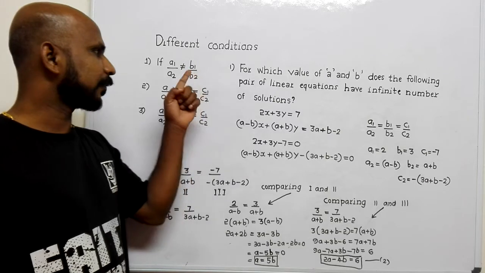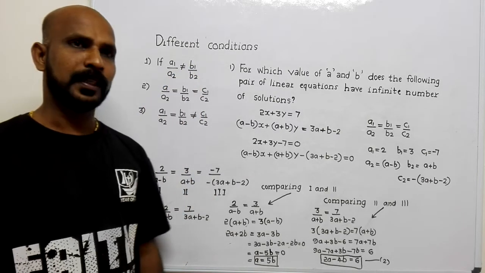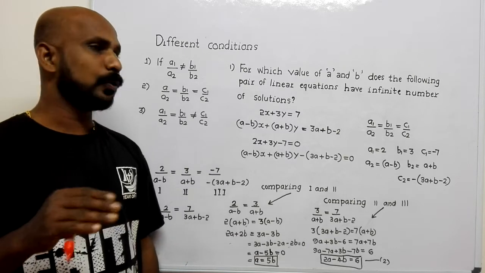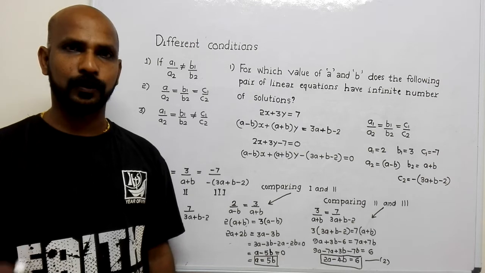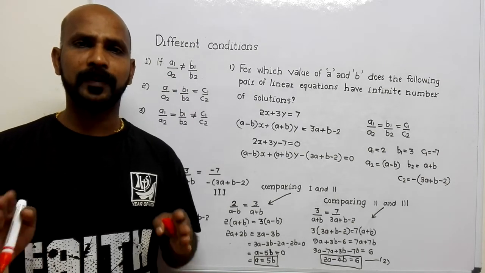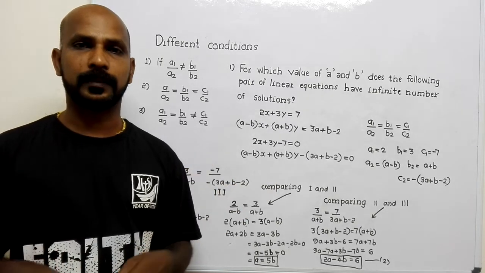Okay, so we'll take the first condition, a1 by a2 not equal to b1 by b2. If you have two linear equations and you take a1 and a2, b1 and b2, c1 and c2, then if a1 by a2 is not equal to b1 by b2, we can say surely it has a unique solution.